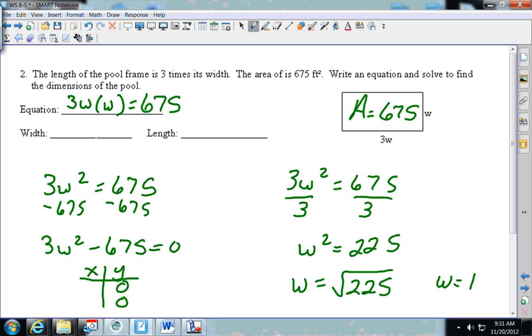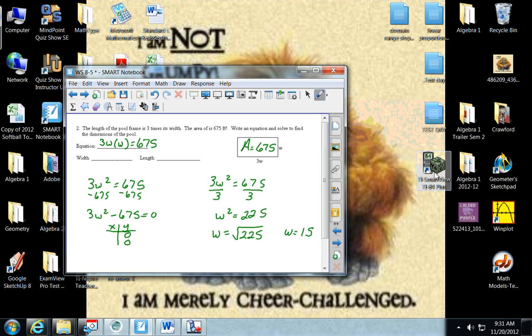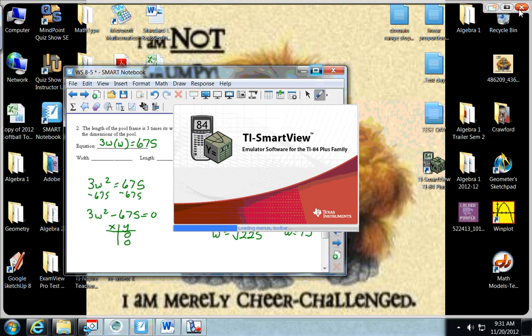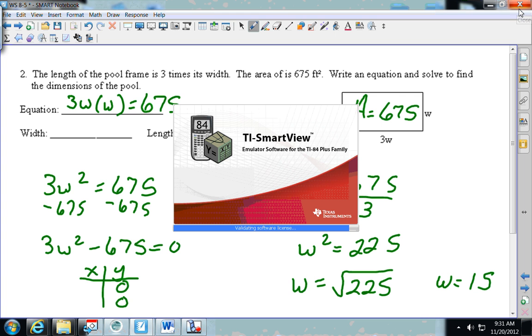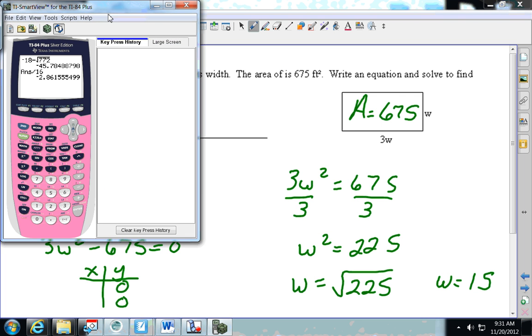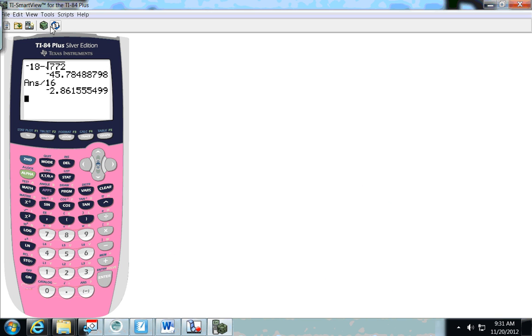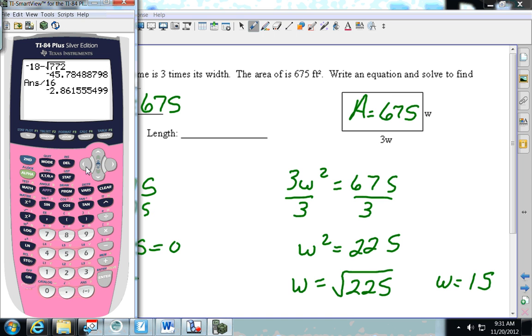You should get 15. Remember in the calculator, let me pull up my calculator. So in here, you would press second, then the square root above the squared button, 225, and press enter.